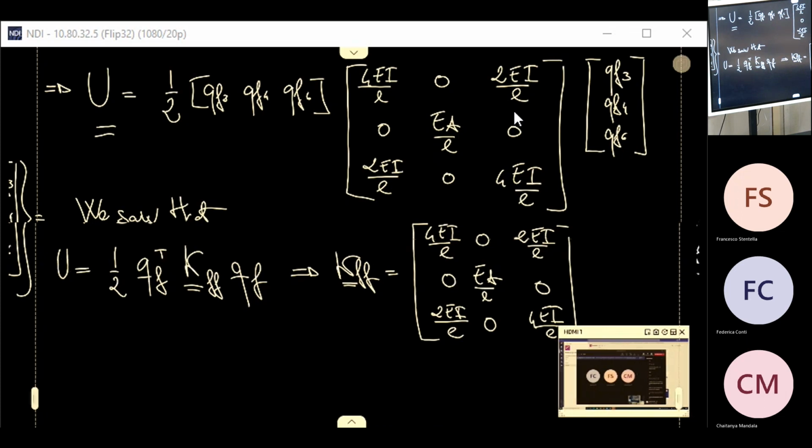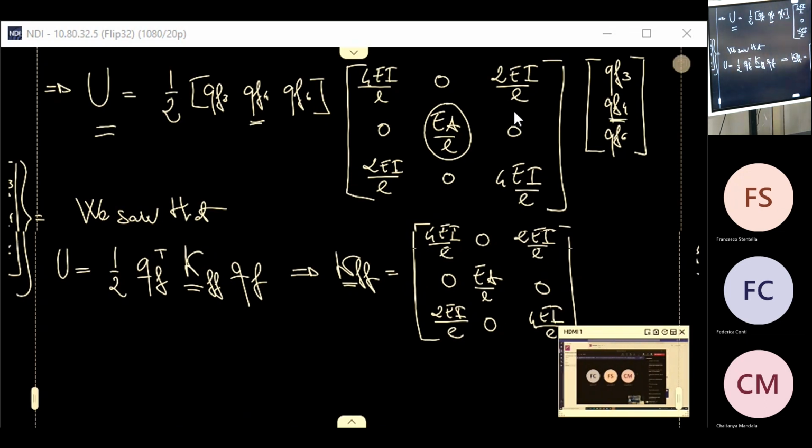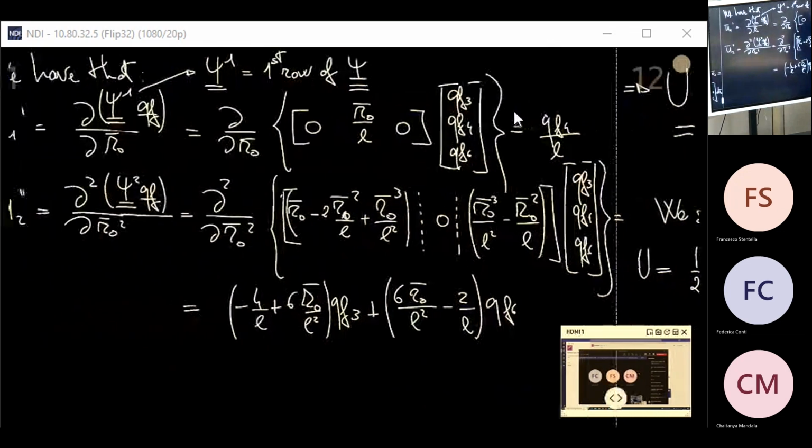You see, you have this term here, which is associated to which elastic coordinate? To Q4, and Q4 as well here, right? But what was QF4? Did you remember? So let's go see if this makes sense.